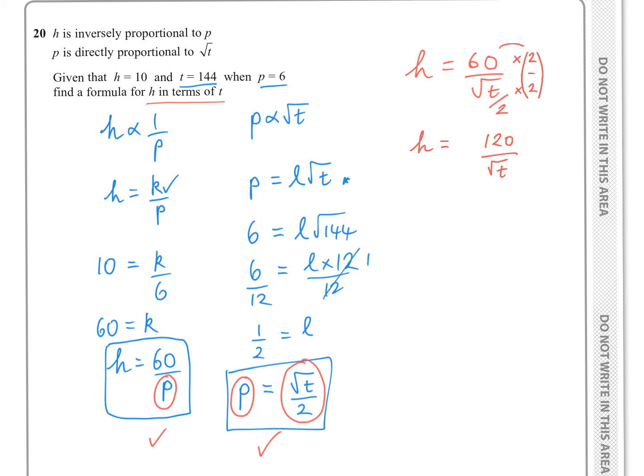For those that don't like a root T underneath, you can just say that's 120 over T to the half, and you can just say, well, that's 120 T to the minus a half. So I will just put a tick by the two that I think would be fine. Those two would be perfectly acceptable.